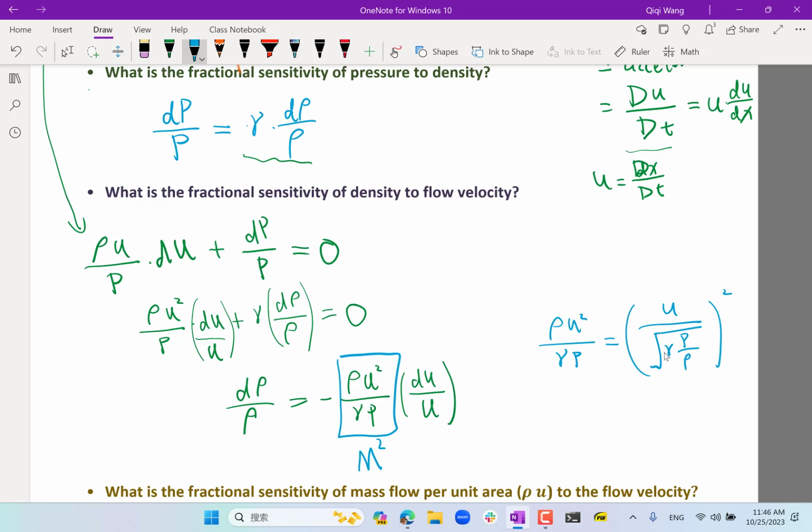So this quantity is the fractional sensitivity, right? When we have an extremely low Mach number, let's say Mach number 0.01, the squared Mach number is going to be 0.0001, right? It's almost negligible, which means if the velocity increases by 1%, the density would decrease by, I don't know, 10 to the minus 6.